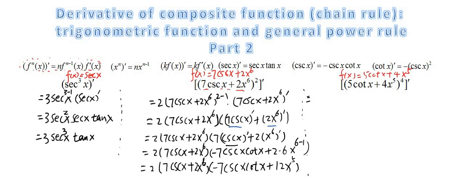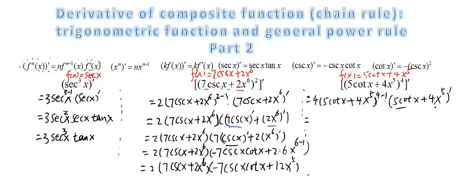We plug in n equals 4, and f(x), 5 times cotangent x plus 4x to the power 5, to the power n minus 1, times the derivative of f(x), that is 5 cotangent x plus 4 times x to the power 5.